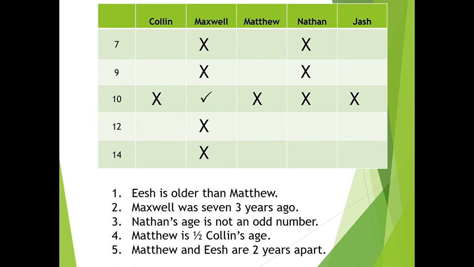So if Colin is 7, how old would Matthew be? So Colin cannot be 7, and Colin cannot be 9. Colin also cannot be 12, because 12 divided by 2 is 6, and there is no 6 given here. So that only means that Colin's age is 14.